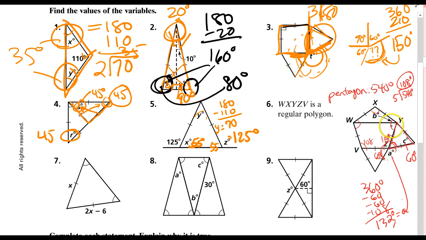Now how about B? Well, let's see here. If we've got this shape in here that's a quadrilateral, then does it look like these two angles will be congruent? Absolutely. Because if this is 108 for the whole inside of this pentagon angle, and I've got an isosceles triangle up here, that means that this angle is congruent to this angle.